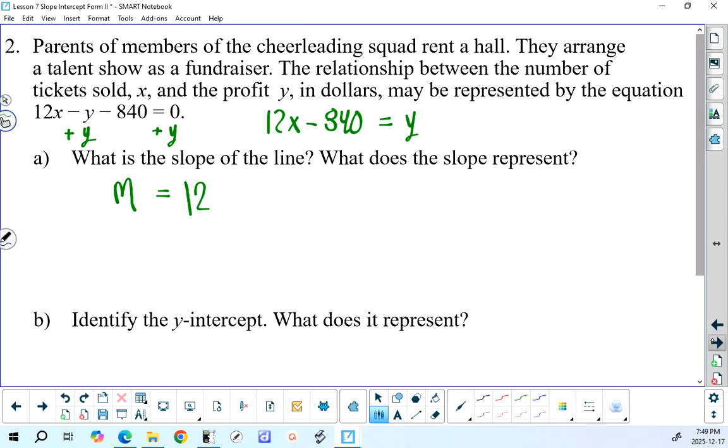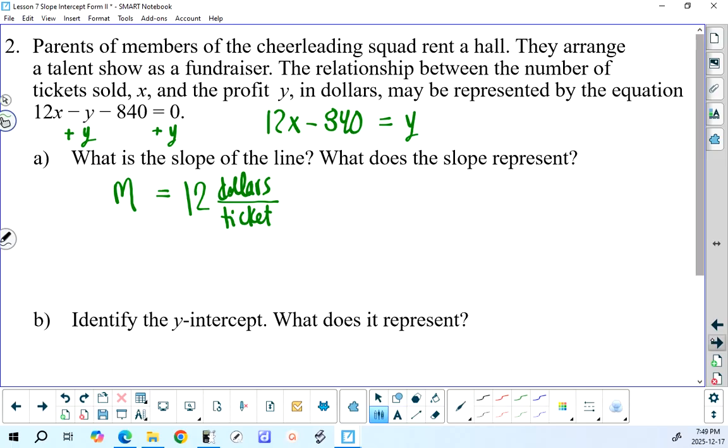Since this is all about calculating profit for y, and x is how many tickets you sell, the slope is $12 per ticket. So that's the meaning of it. It means that every ticket they sell, they get $12.